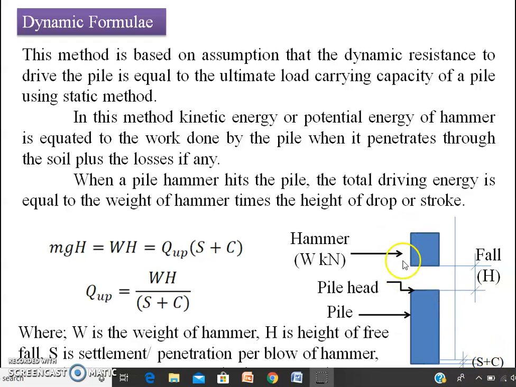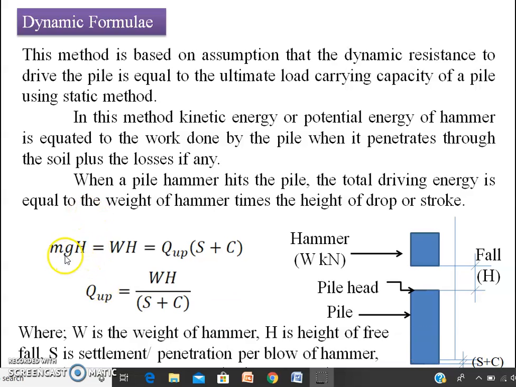So what will happen here? Potential energy, if we consider the total load which is acting on the pile, is nothing but the potential energy which is imparted on the pile head, which can be said as mgh. If I want to equate this with the work done by the pile, then it will be the pile capacity multiplied by the displacement which is observed.